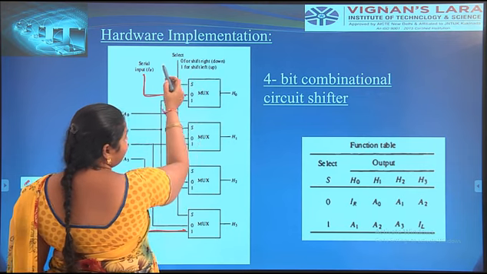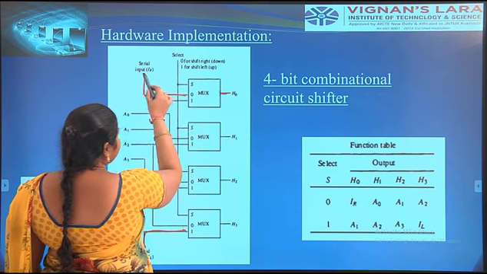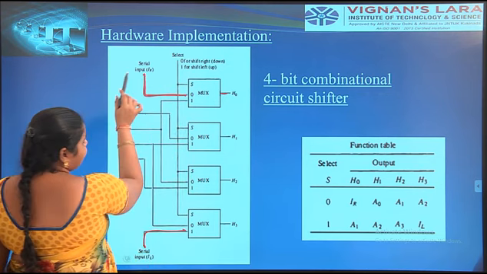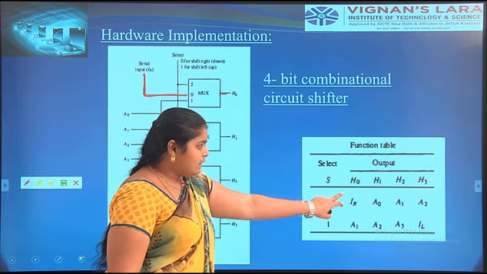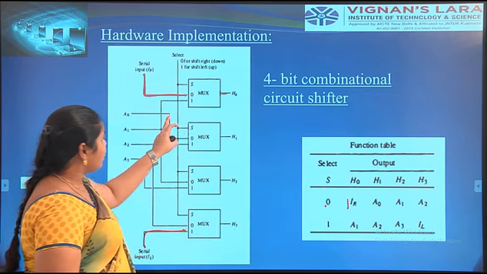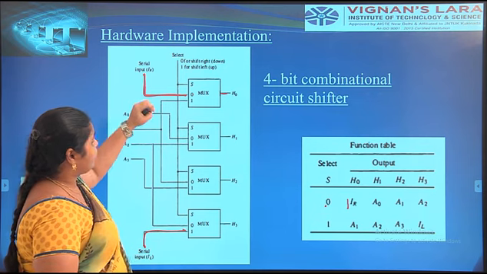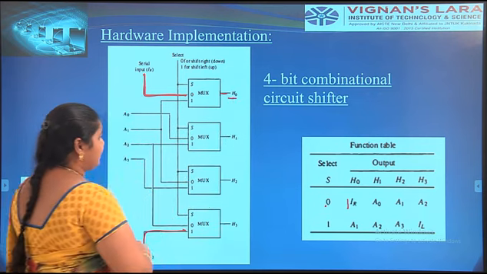First of all we select 0 as the input. The input 0, H0 is the output. Here the input comes from IR. 0 gets the input from IR to H0. IR for 0 receives the input from IR and H0 is the output for this multiplexer.